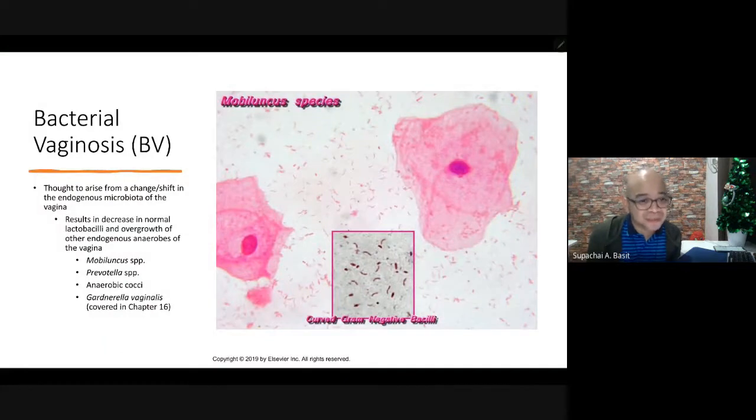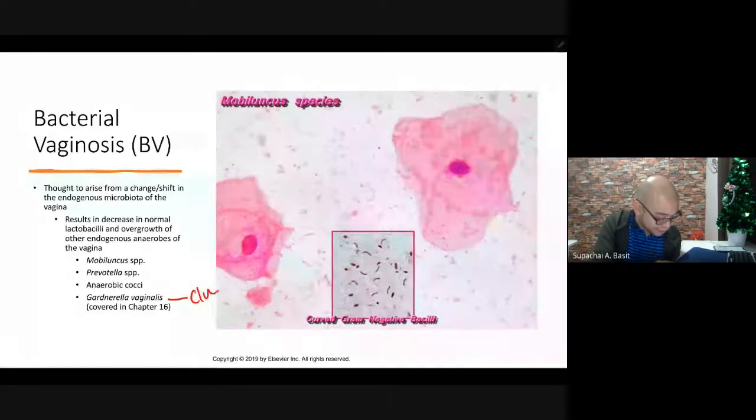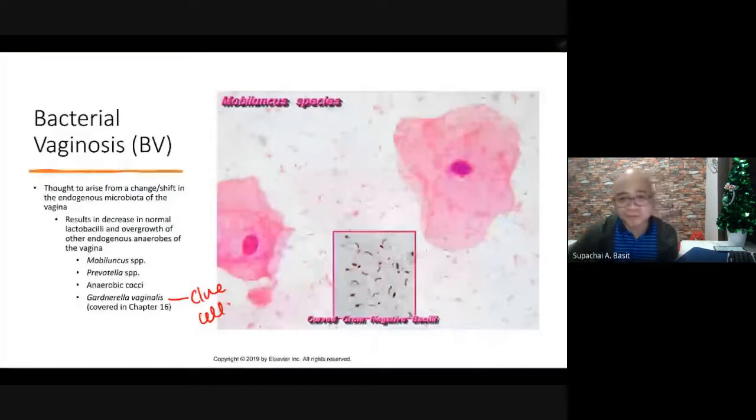It results in a decreased number of lactobacilli and overgrowth of endogenous anaerobic bacteria, such as Mobiluncus, Prevotella, anaerobic cocci, and Gardnerella vaginalis. I have discussed this in my previous module, and I did mention that Gardnerella vaginalis is characterized also by the presence of clue cells.